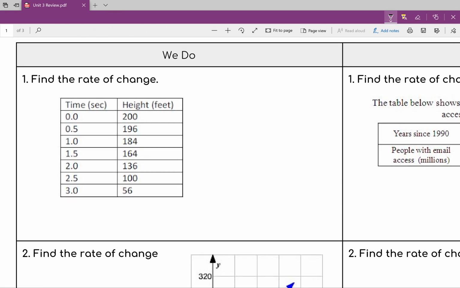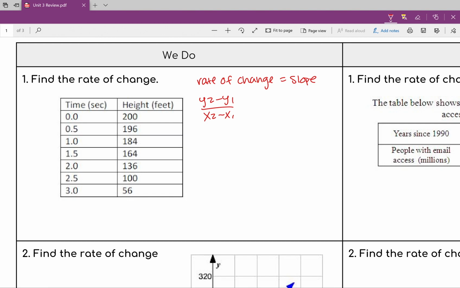So we have a table, but I need you to remember that a rate of change is the same as slope. So rate of change equals slope. Those are the same thing. So in order to find the slope of a table, remember we use the formula y2 minus y1 over x2 minus x1.